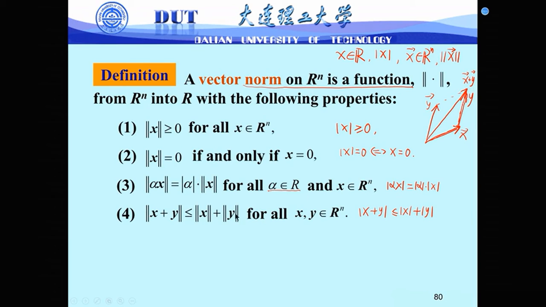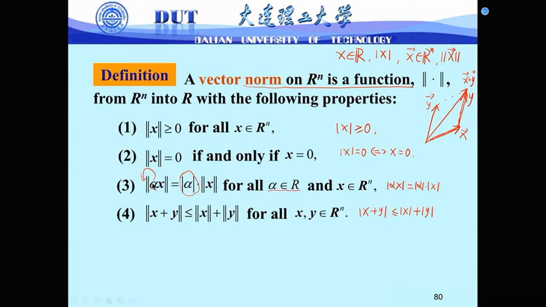It's okay for you? So that means we generalize the absolute value to the norm, the vector norm. It is a function and satisfies the four properties. It is positive, and the norm is 0 if and only if x is 0. With multiplication by a number, we can move alpha outside the norm with its absolute value.